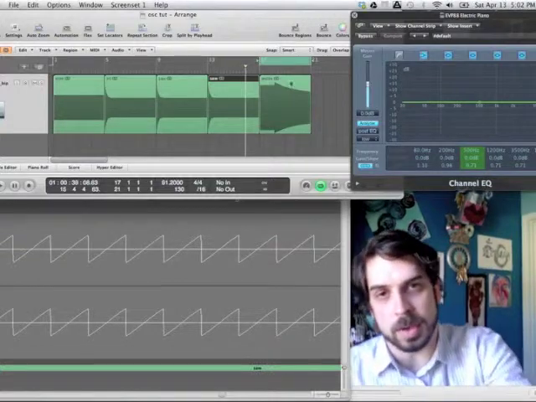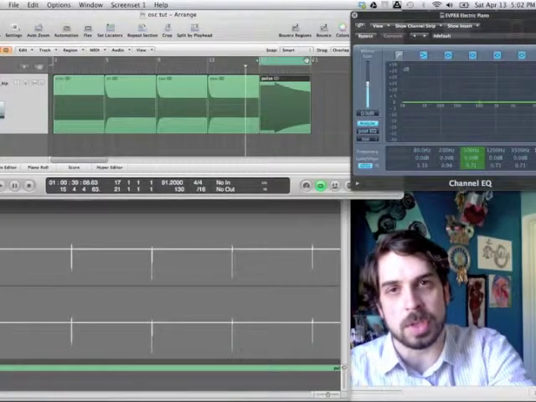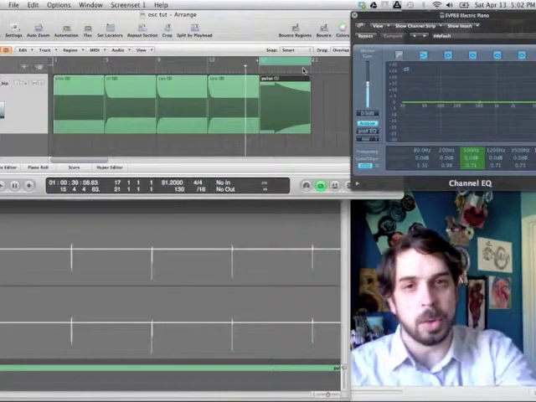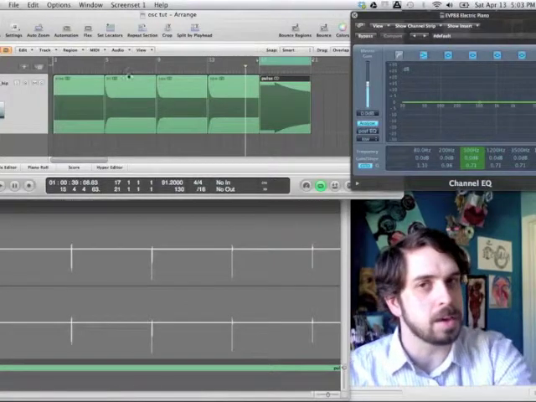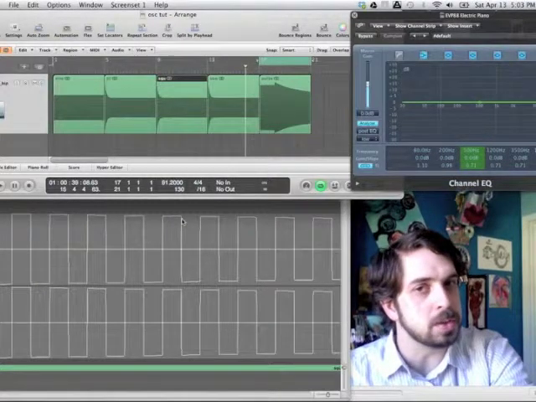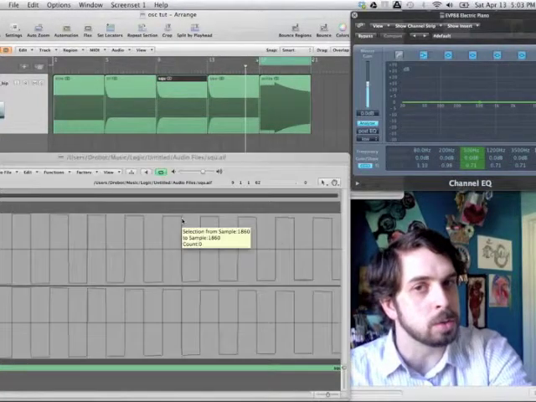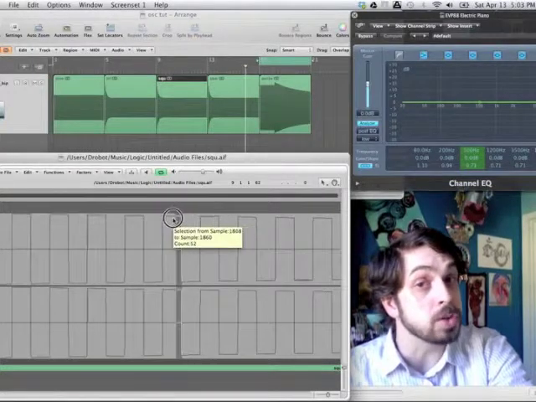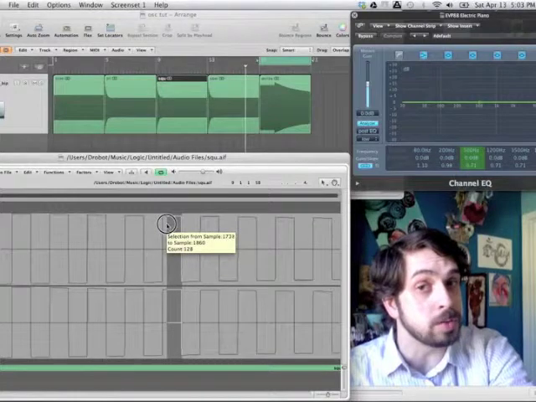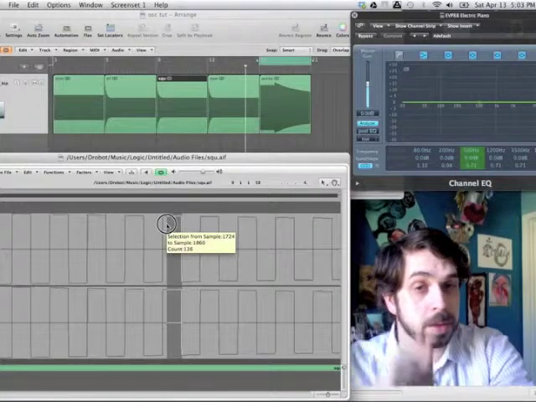Now, the next oscillator we're going to talk about is the pulse oscillator. Pulse oscillator is like a square wave, like this one. But what you're doing is you're modulating the pulse width here. So imagine this middle part shifting over here, it'd be a lot smaller.